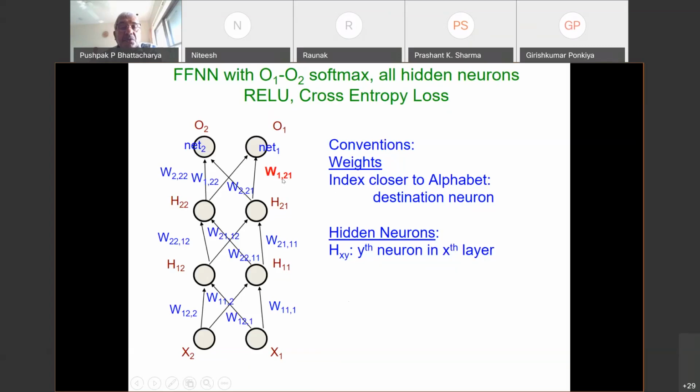So W1,21 means take the first neuron in the outermost layer, and 21 is the first neuron in the hidden layer just below the outermost layer. So 21 is second hidden layer, first neuron, and 1 is output neuron number 1. W21,11 has destination neuron H21 in the second hidden layer and source neuron H11 in the first hidden layer.